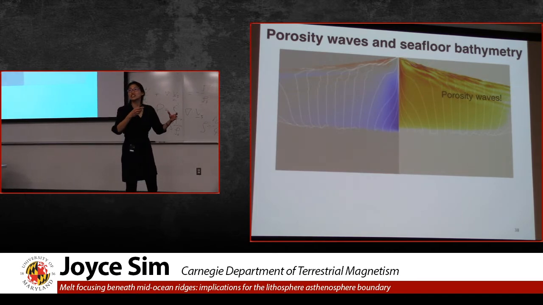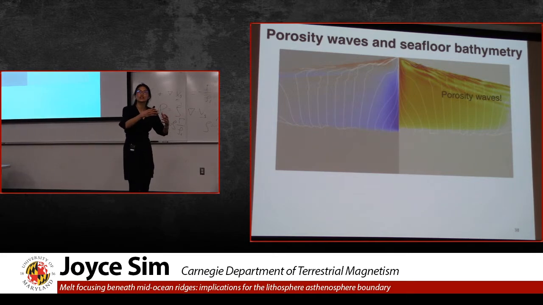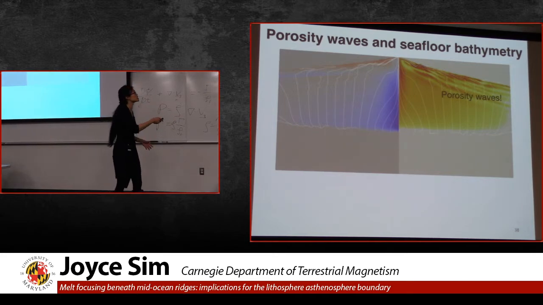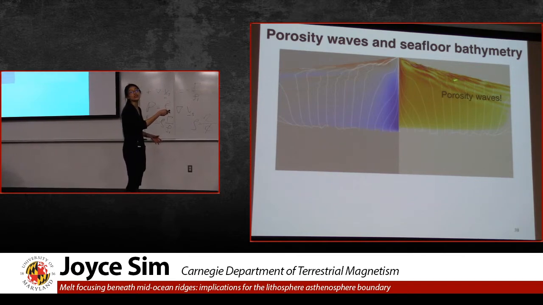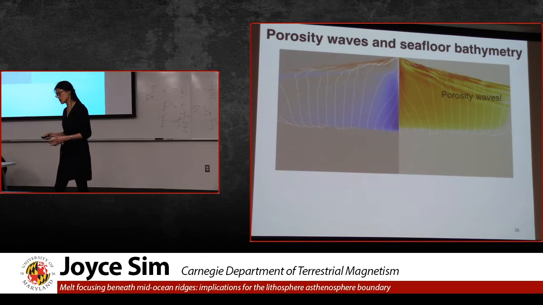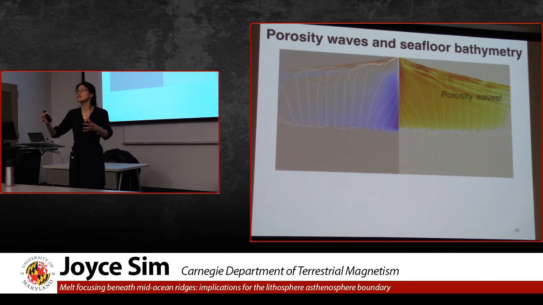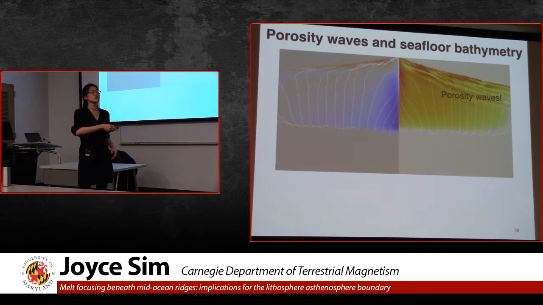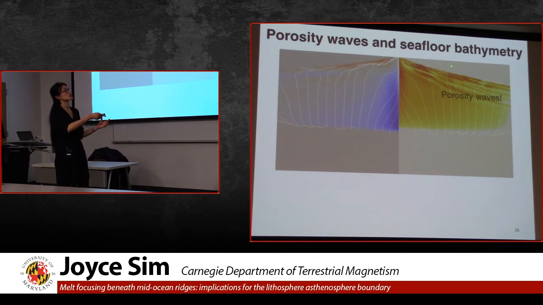There is freezing that's happening, and depending on that freezing and how that interacts with the porosity waves, that's going to give you a certain geochemical pattern right there. And so what I actually calculate from these models is the degree of melting that a parcel has seen, as it moves up and experiences some melting and gets transported and experiences some kind of freezing and moves out here. And so I can tell you that at least.